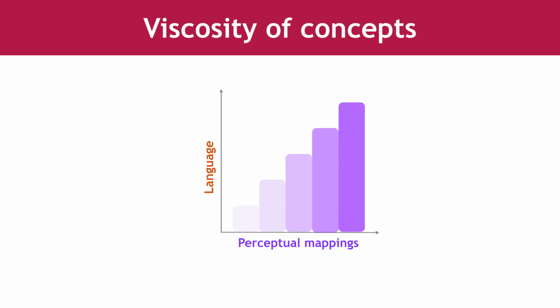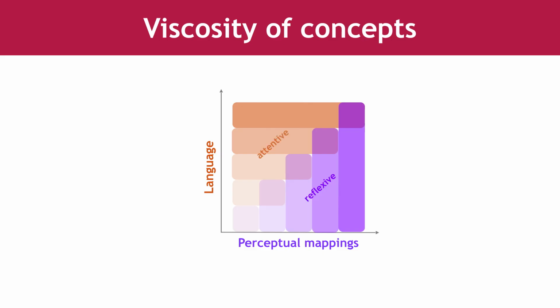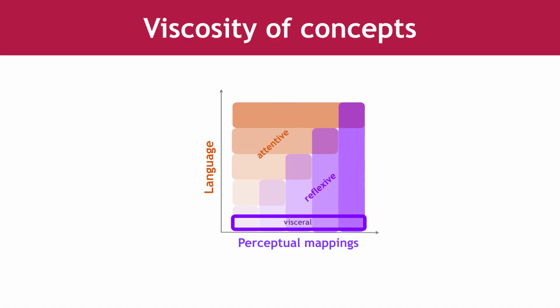So when we think about designs that are dominated by perceptual information, it's a very reflexive way to engage with the flow of meaning. And when we engage with designs that are made mostly of language, it's an attentive way to engage with the flow of meaning. When we have designs that are made mostly or all of perceptual information and very little or no language, it's a very visceral way to engage.